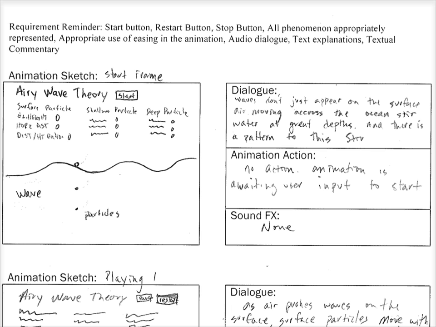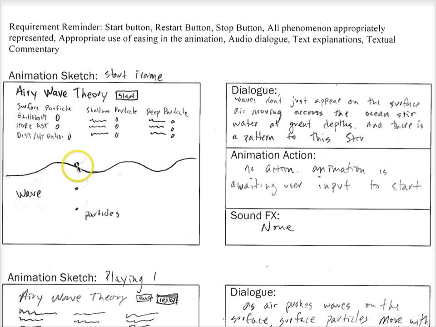What I'm going to show you right now is the start frame of my animation and two of the playing frames. Okay, so the first one you can see here, this is basically how my animation is going to look. In order to describe Airy wave theory, I've obviously got to have waves, but I've also got to have these little particles in the ocean to show what happens to the water as air moves across the ocean and causes waves.